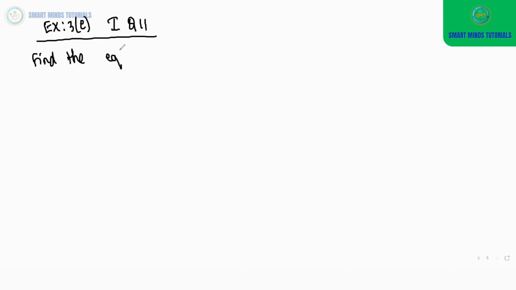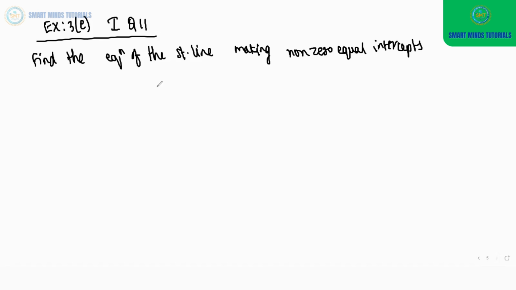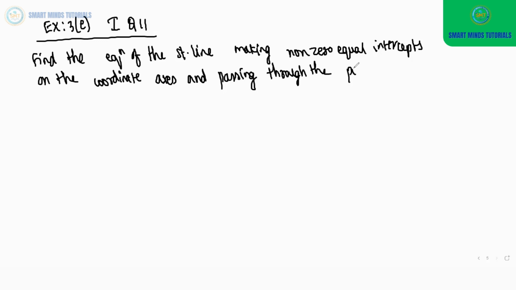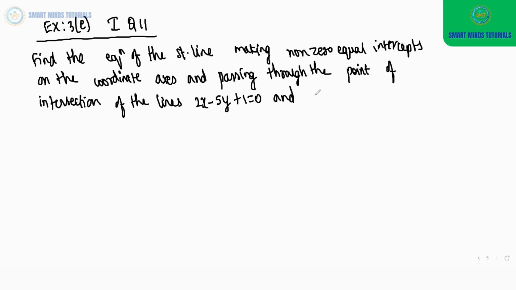So find the equation of the straight line making non-zero equal intercepts on the coordinate axes and passing through the point of intersection of the lines 2x minus 5y plus 1 is equal to 0 and x minus 3y minus 4 is equal to 0. First, let us write the given equation of the lines.